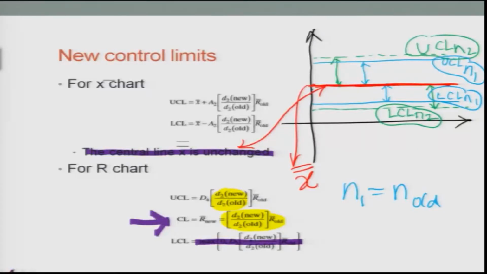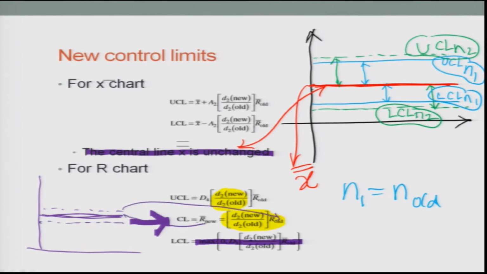Again I am mentioning the lower control limit cannot be negative. So in this case, let me draw a diagram accordingly. If I draw here, this value, which was R new, would be different, either above or below R old. So this becomes R old, this becomes R new, and the upper control limit would be some value, for which I will use a different color.